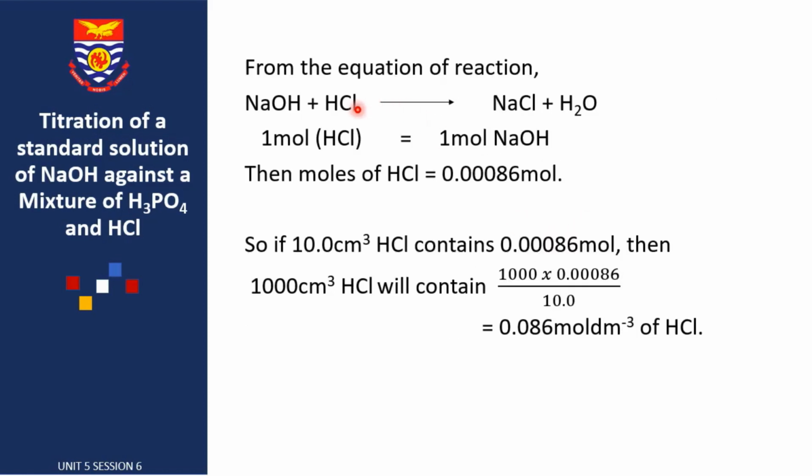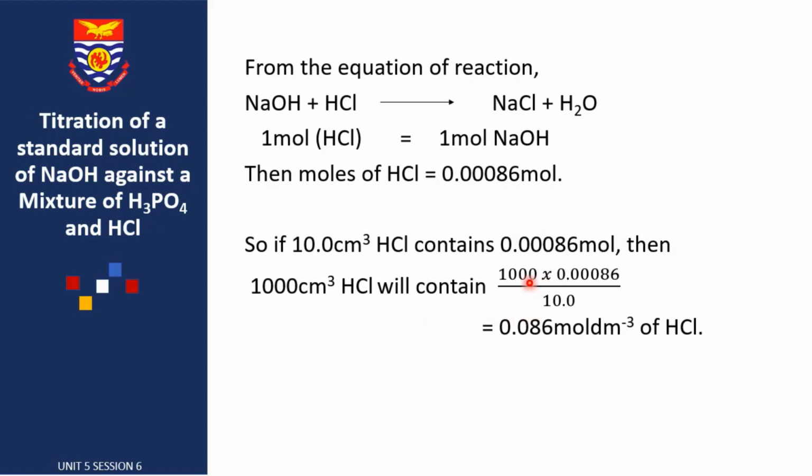We proceed and write the equation of reaction where the mole ratio is 1:1. So the moles of the HCl is also 0.00086. This is the moles contained in the 10 cubic centimeters of the mixture used. So if 10 contains 0.00086 moles, then 1000 will contain what?